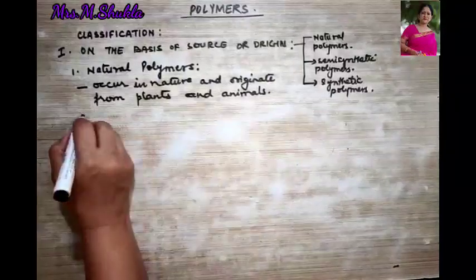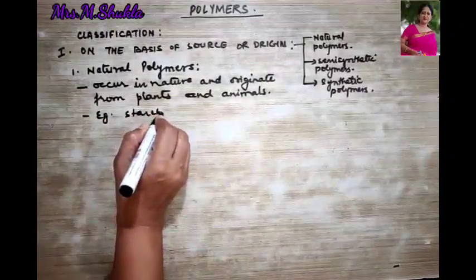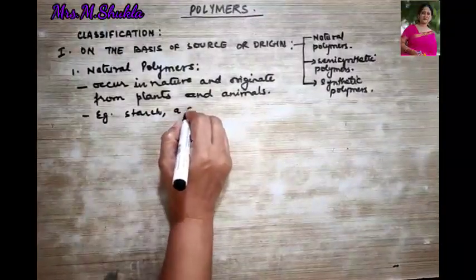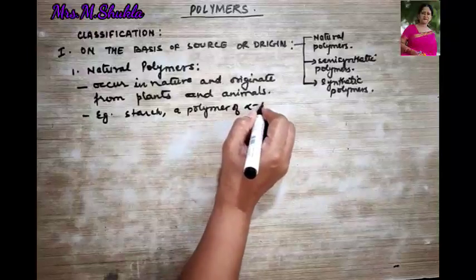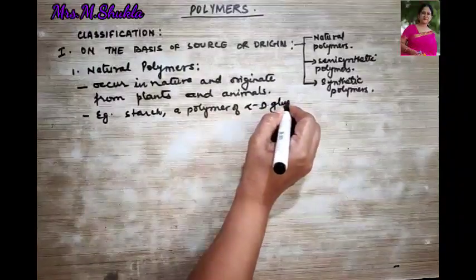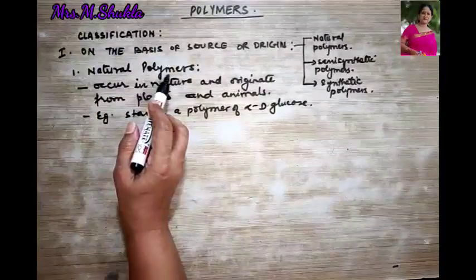Examples could be starch, a polymer of alpha D glucose. These are some of the examples of natural polymers.